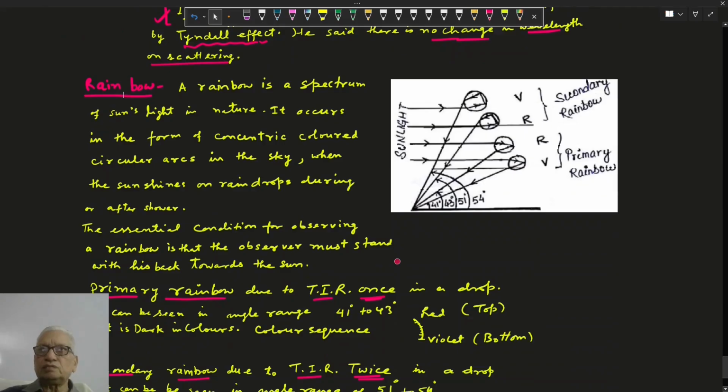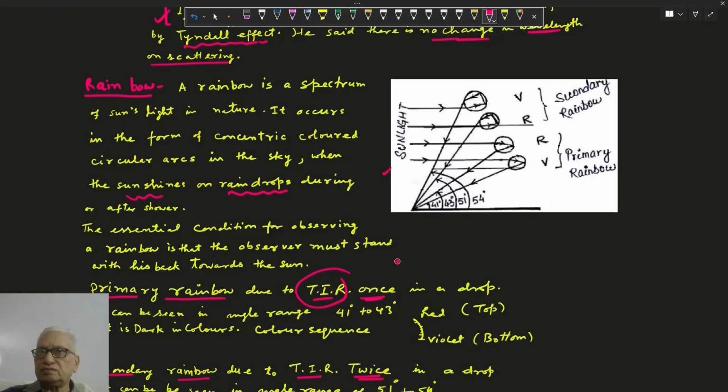The rainbow is also a phenomenon of scattering, as well as it depends on total internal reflection. Sunlight is coming and our back is toward the sunlight. We are looking here, and the raindrop must be there in the eye. During the rain or after the rain, raindrops must be there and sunlight must be there. The essential condition is sunlight from the back side.